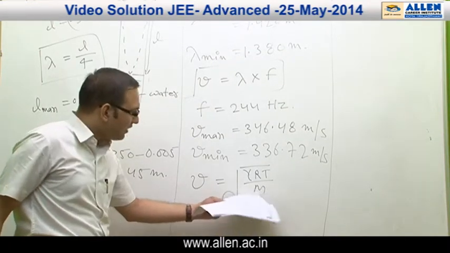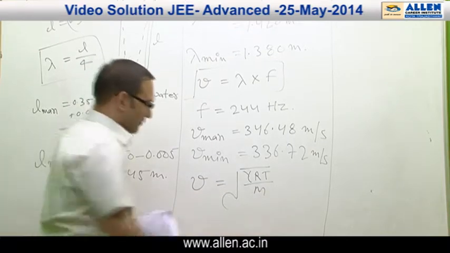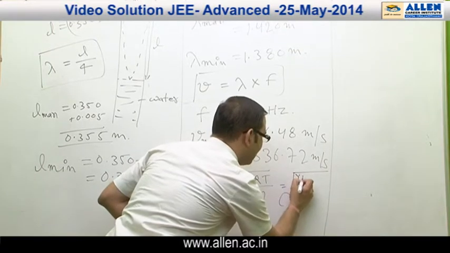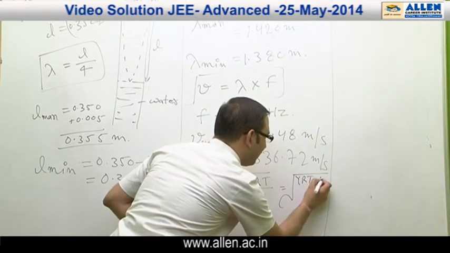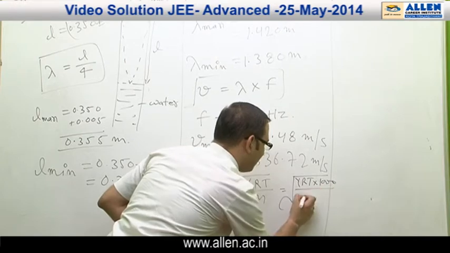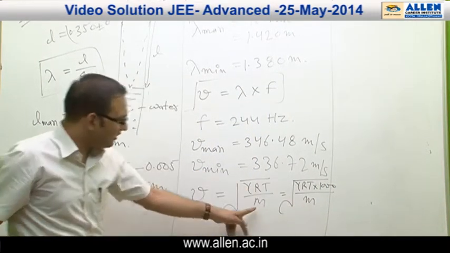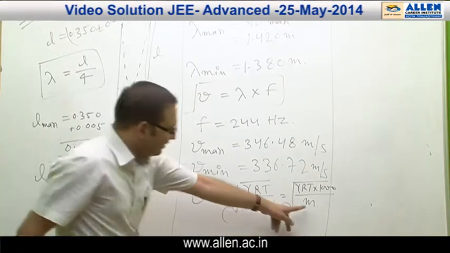So we have to convert this mass. To do this, we can write it like this: gamma RT into 1000 upon M. Now this M is in gram, whereas first it was in kg.